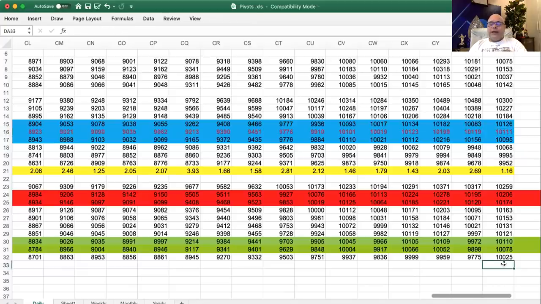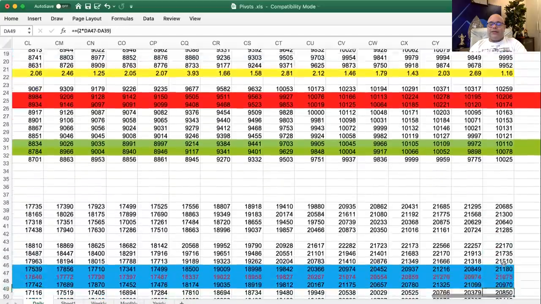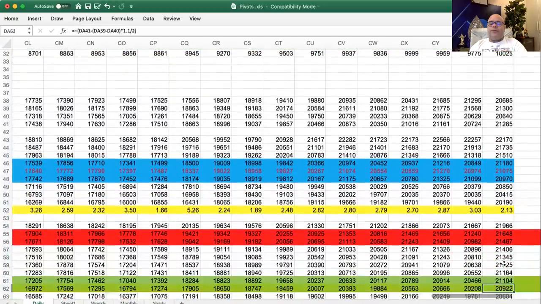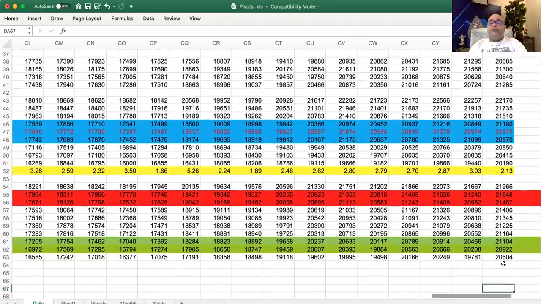10,206. I have a very similar spreadsheet, or data very similarly set up, for Bank Nifty. Again, the day's floor pivot is 21,075. All these are futures values.